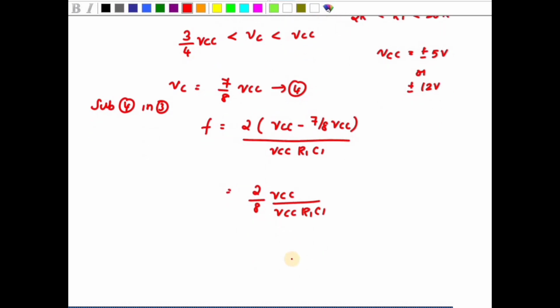So I'll get 0.25 over R1 C1, and this is nothing but my F naught, that is the free running frequency.